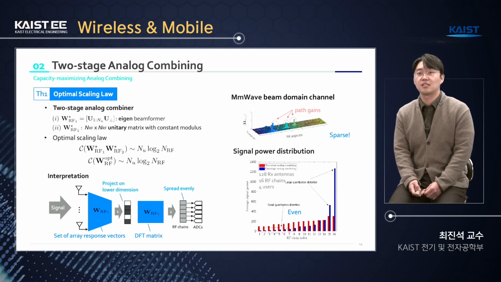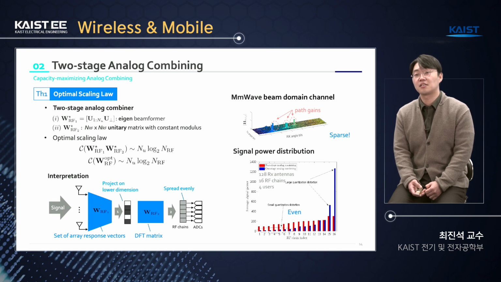Inspired by this insight, I found that a two-stage analog combiner is actually quasi-optimal. So we need two-stage combiners. The first stage, as you see in the bottom, collects most of the signals onto the lower dimension, just like the conventional approach.